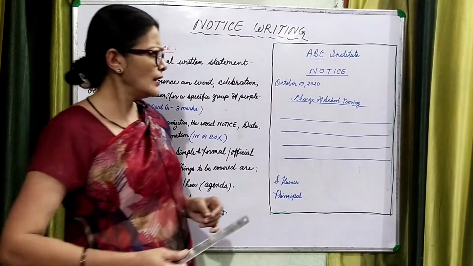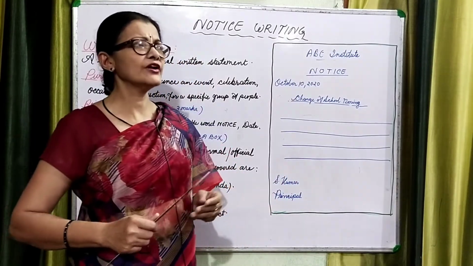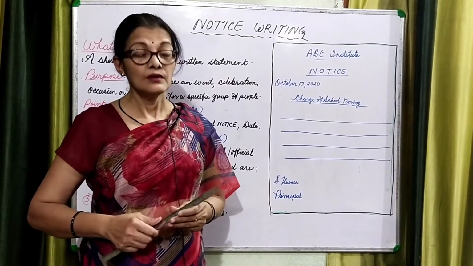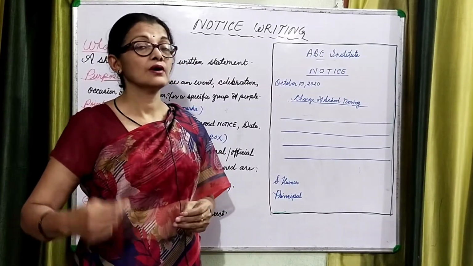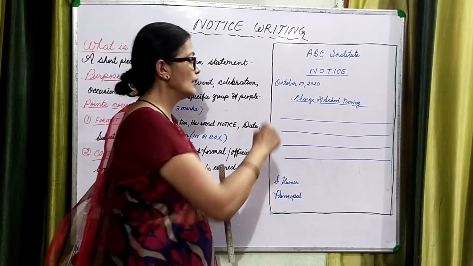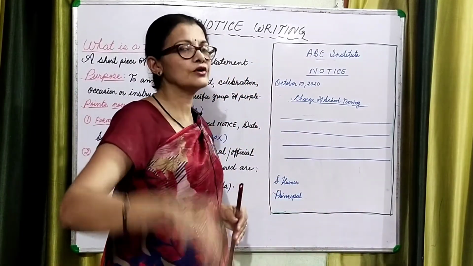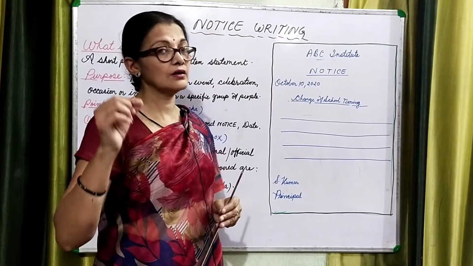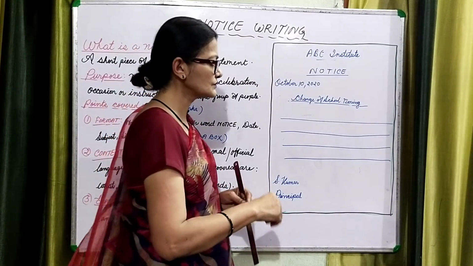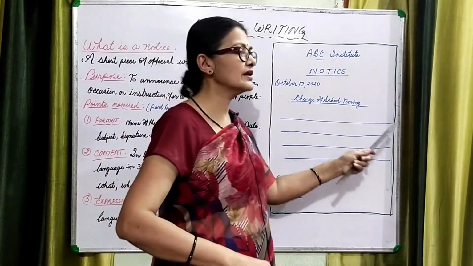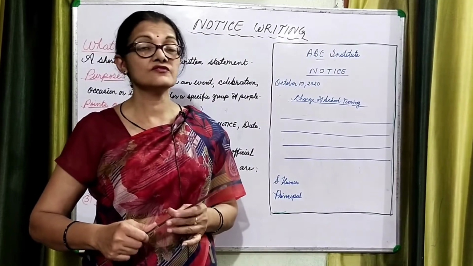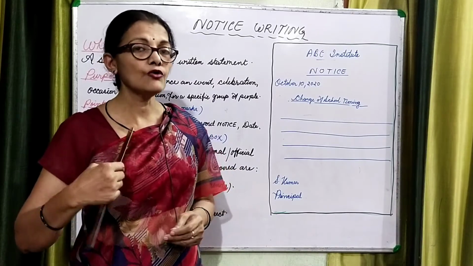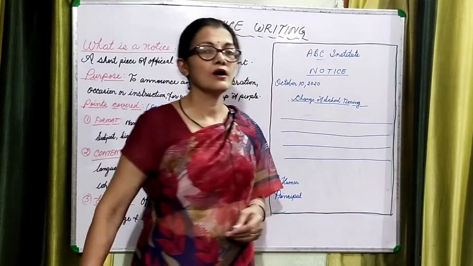Some children ask, ma'am, if I write 3 lines or 4 lines, should it be enough? But if I say it's enough, then I'll be wrong, because few children write only 4 or 5 words in one line, while others with small handwriting can cover 8 to 9 words, maybe sometimes 10 words.